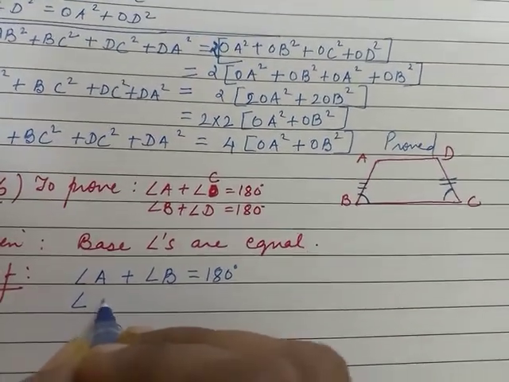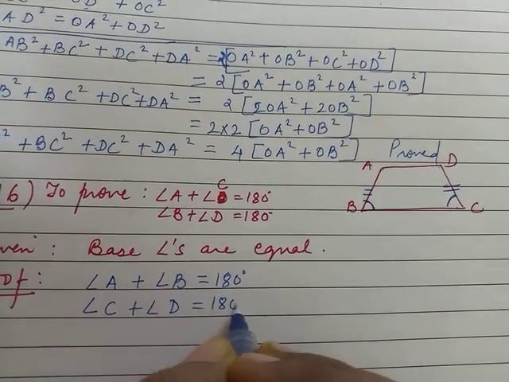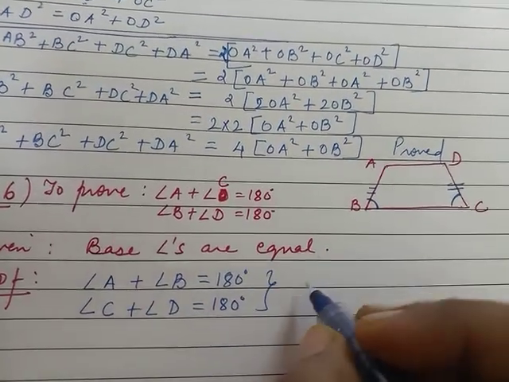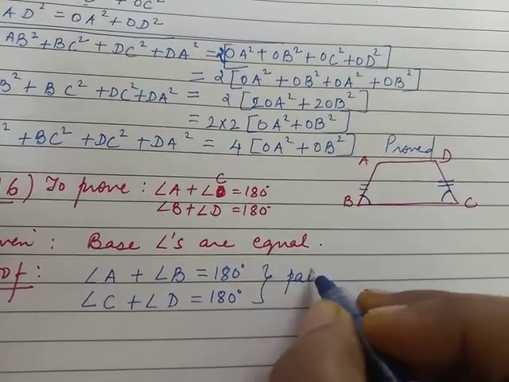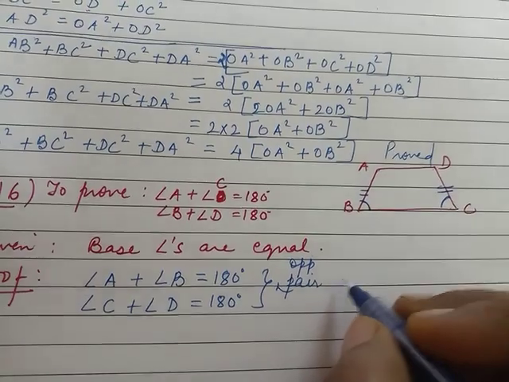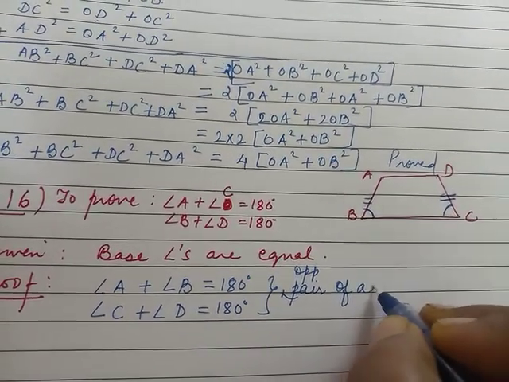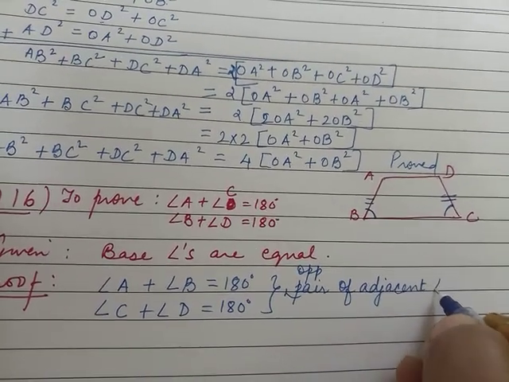Similarly, angle C plus angle D is equal to 180. Reason: opposite pair of adjacent angles.